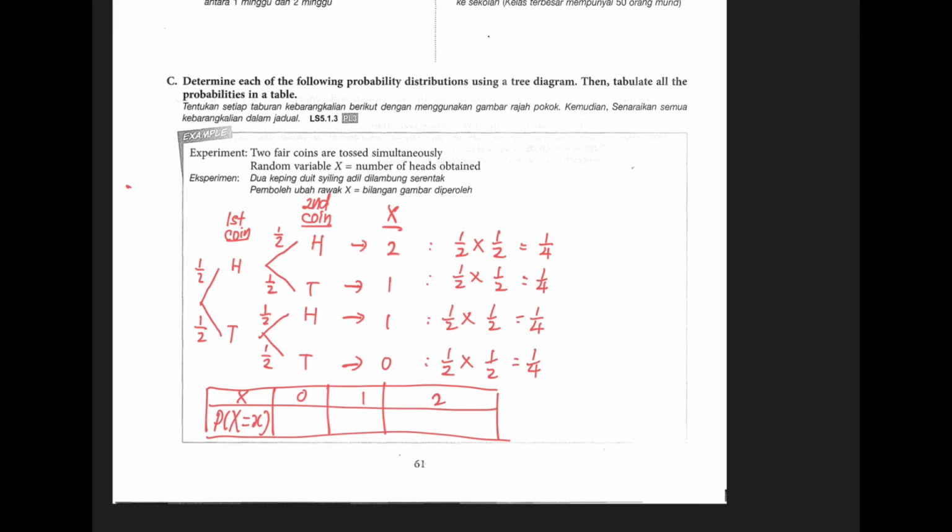Probability of 1 is this and this, which is 1/4 plus 1/4, so we know that is 1/2. Then probability for 2 is here, which is 1/4. Okay, so we get the tree diagram, then we get the table. So we have done this. Now let's move on. We have a similar question here, and you have to draw a tree diagram followed by a table. So let's move on first.